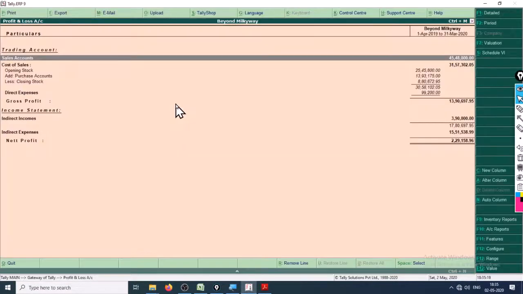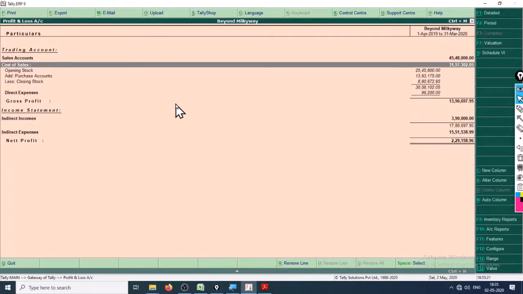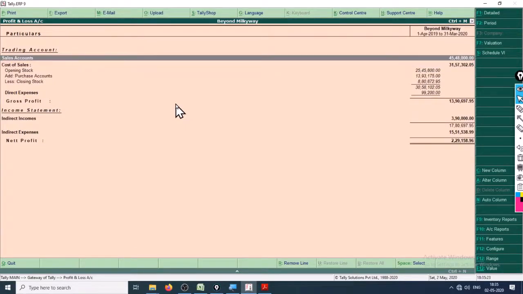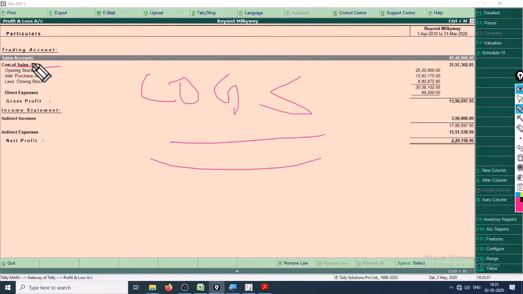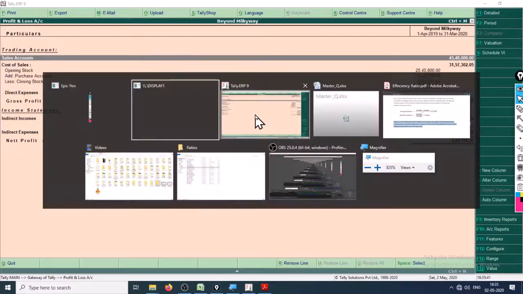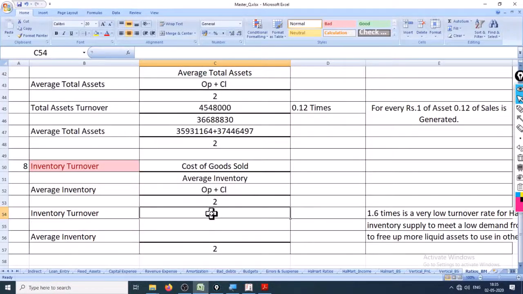Right here you can see there is cost of sales. We don't have other expenses that need to be differentiated between cost of sales and cost of goods sold, hence let's accept this figure, 3157302.